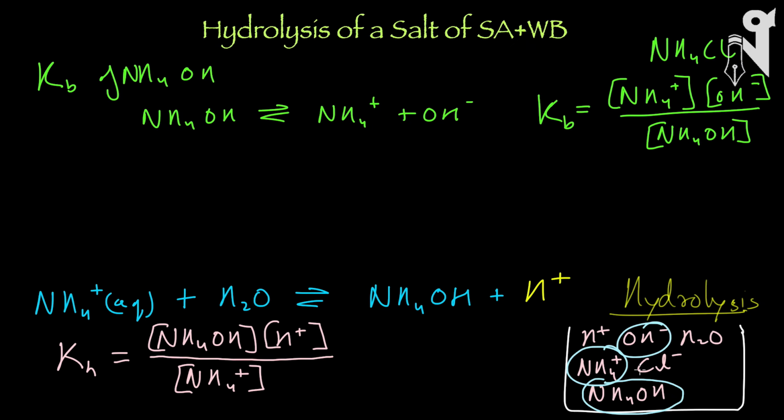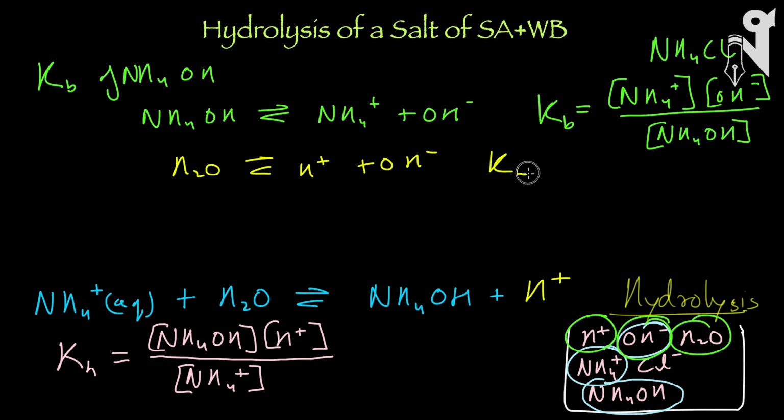These three are in the solution, so they will be holding an equilibrium governed by the Kb value. Another equilibrium going on in water is H plus and OH minus with water itself, and it will hold the Kw value. And then this is the equilibrium which is there, the hydrolysis.